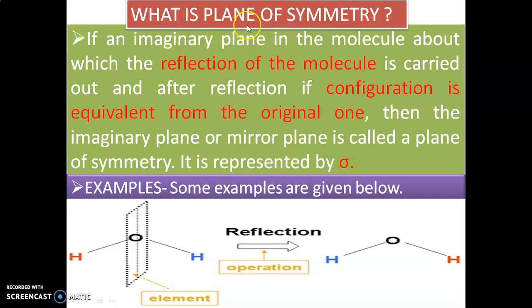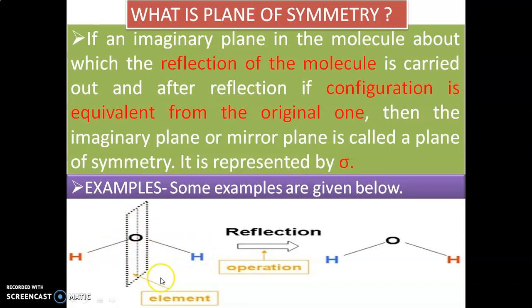When a symmetry operation is carried out on a molecule through these symmetry planes and we get the equivalent or original configuration, it is known as a plane of symmetry. For example, the H2O molecule: look here, oxygen with two hydrogens, one red and the other blue.